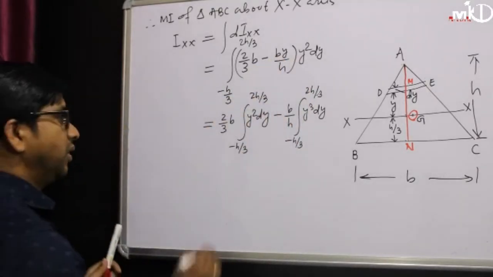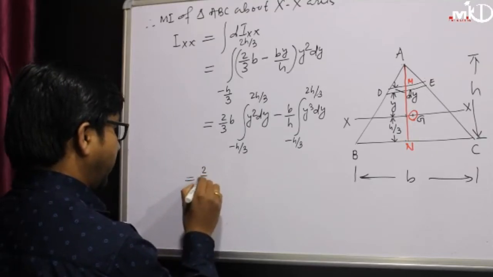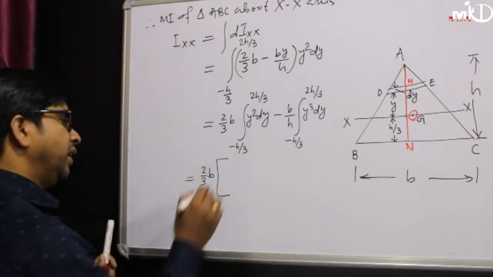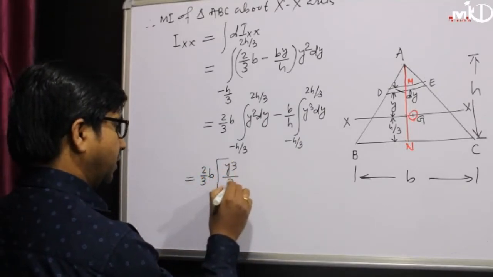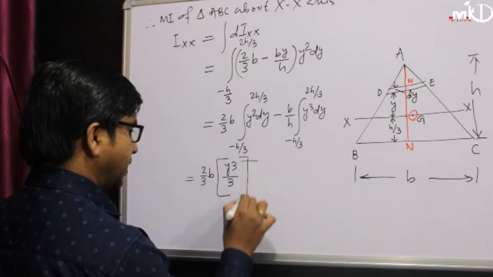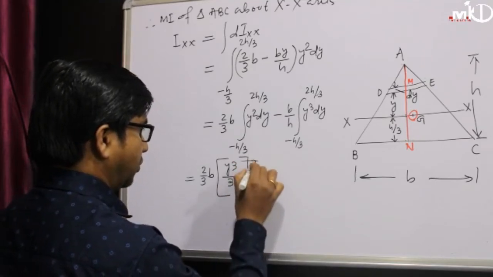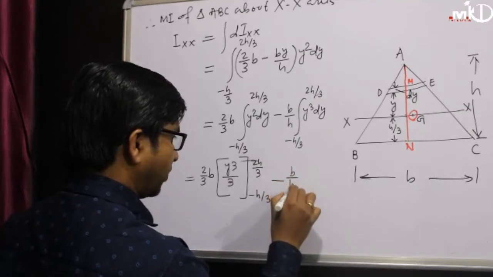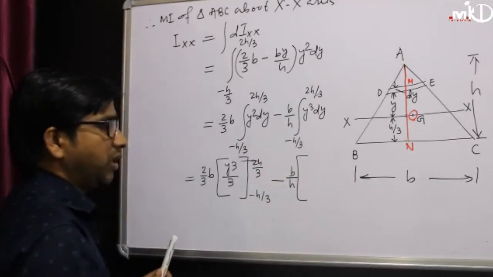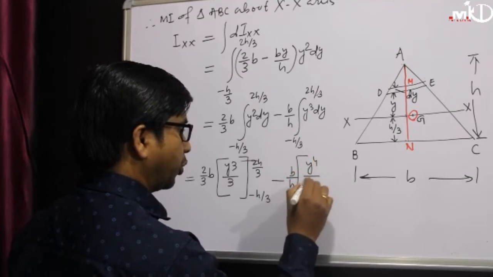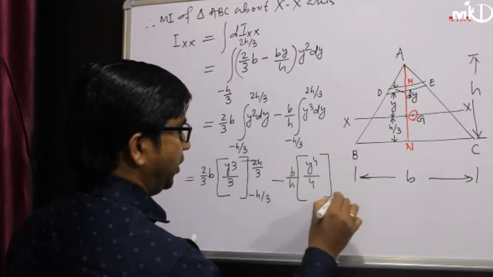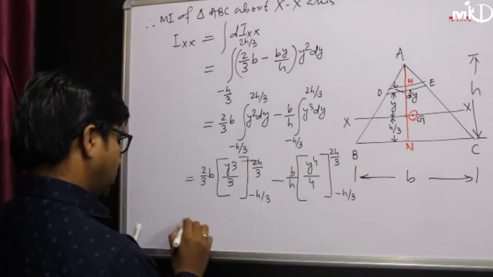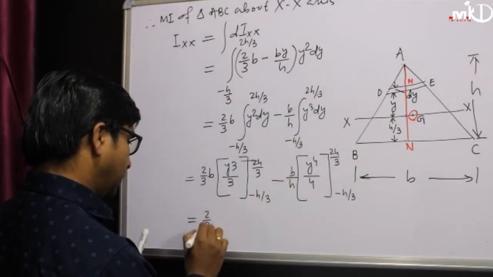So now this becomes 2 by 3 b times the integration of y square dy, which is y cube by 3, with limit minus h by 3 to 2h by 3, minus b by h times the integration of y cube dy, which is y to the power 4 by 4, with the same limit.